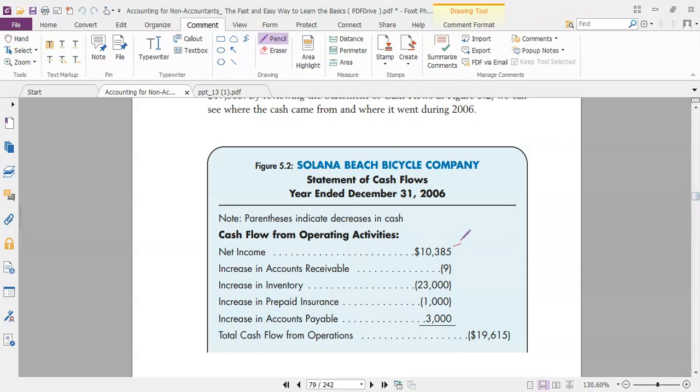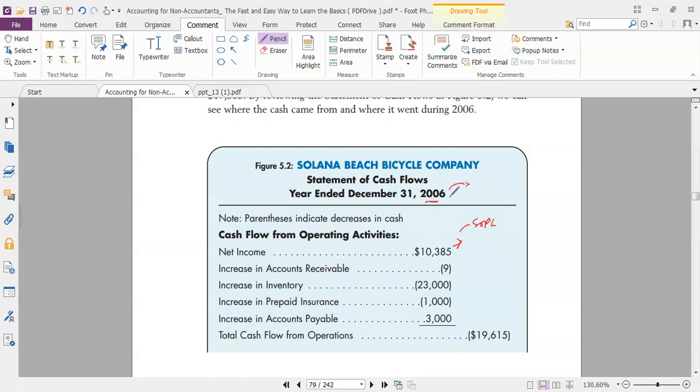Net income from the statement of profit and loss. And then if there is an account receivable, you should compare the accounts receivable of the current year and the last year.